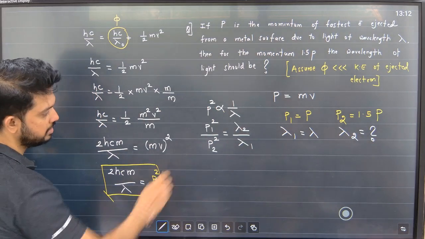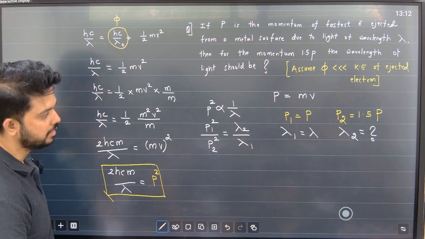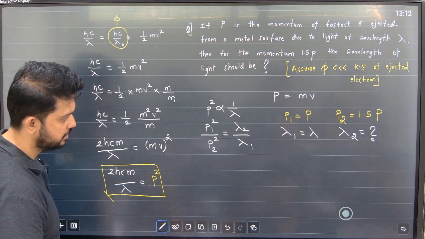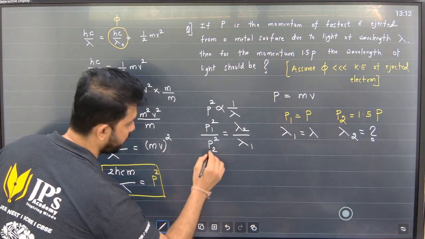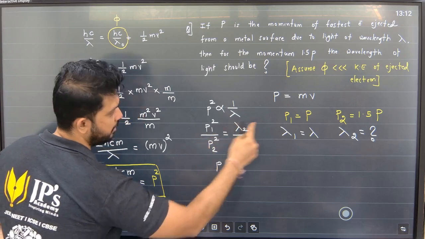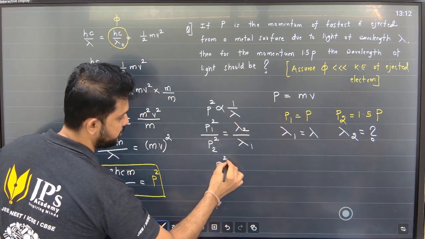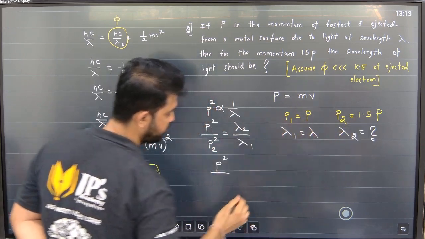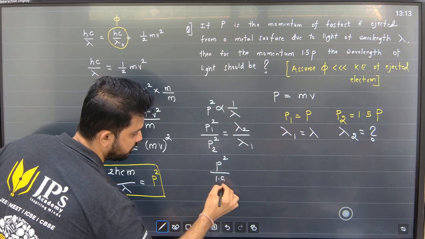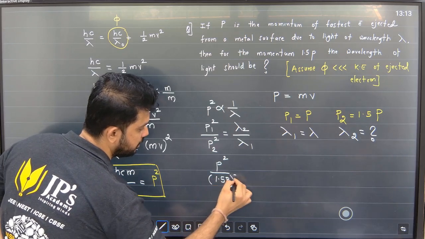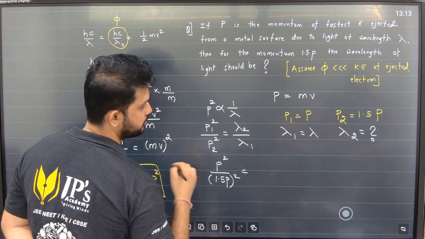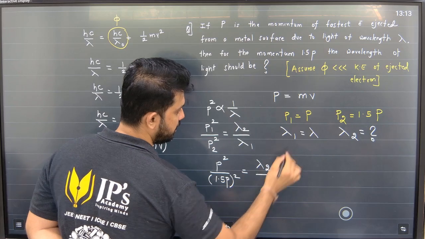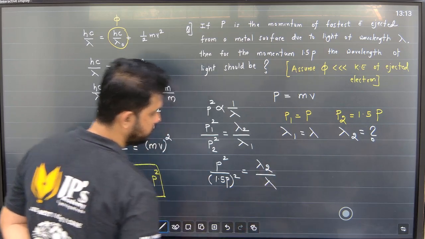The wavelength of light should be? Substitute the values here and give me the final lambda. Quickly. So P1 is P, so this becomes P square upon P2, which is 1.5 P, the whole squared, is equal to lambda 2, which is what we have to find, over lambda 1, whose value is lambda.